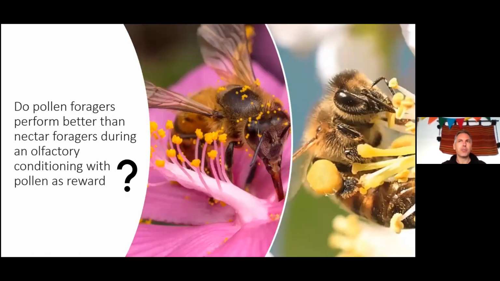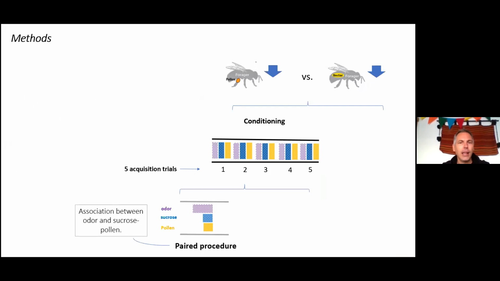So, using this procedure, we addressed the second question, that is, do pollen foragers perform better than nectar foragers during conditioning using pollen as this double reward? This experiment was also performed by Emilia Moreno.